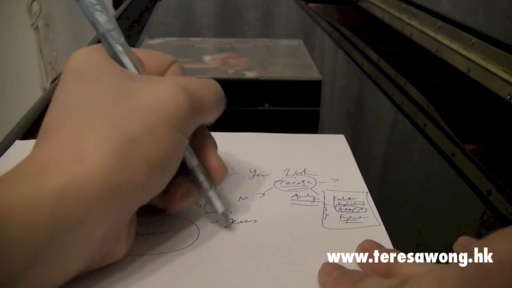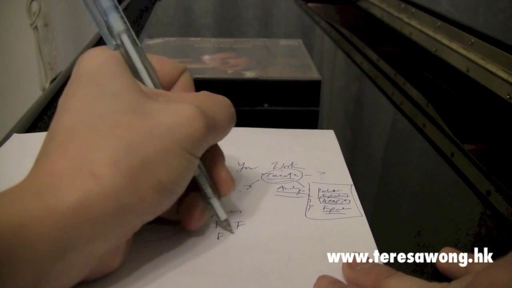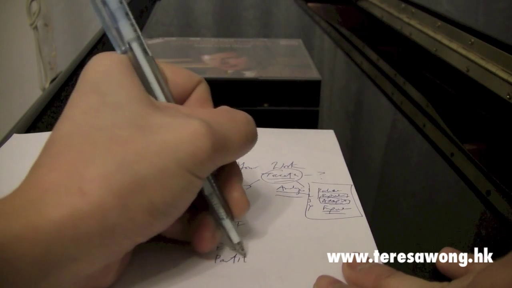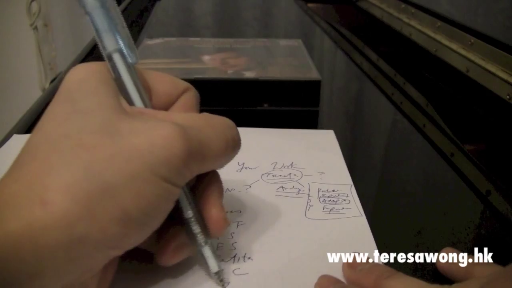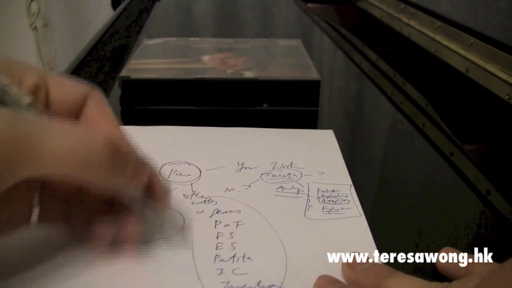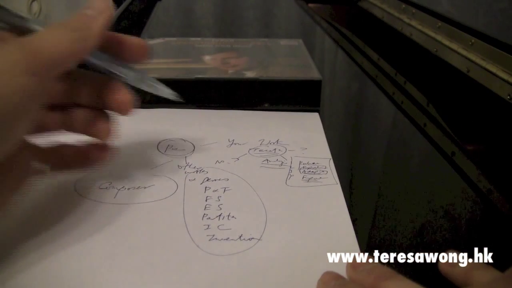For example, we have Prelude and Fugue, French Suite, English Suite, Partitas, Italian Concerto, Invention, so many, right? At least you know some of the genres that you can name.